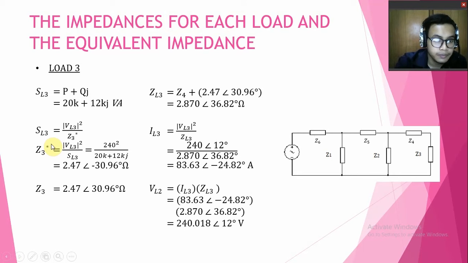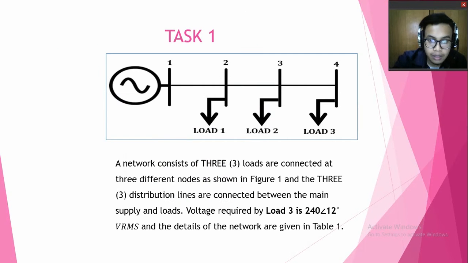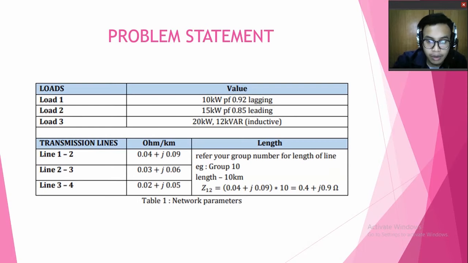After that, we must find the impedance at load 3 by dividing. The voltage at load 3 is given in the question, 240 angle 12.